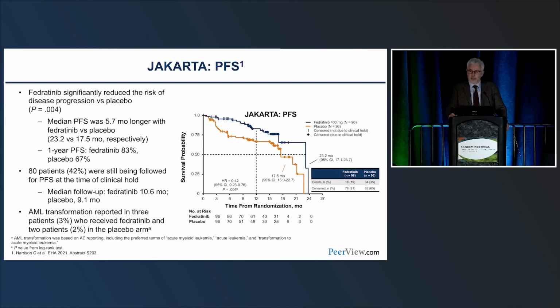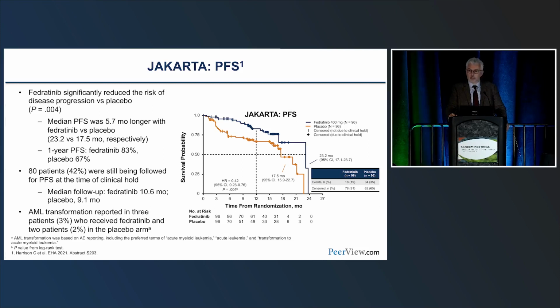The survival benefit is unique to JAK inhibitors in general, not to one of the JAK inhibitors, but to all of them. And this is now coming up through assessment of the longevity of the patients on therapy. Looking at the JAKARTA study, this was presented last summer, you can see progression-free survival on the curves between the patients exposed to fedratinib or placebo.